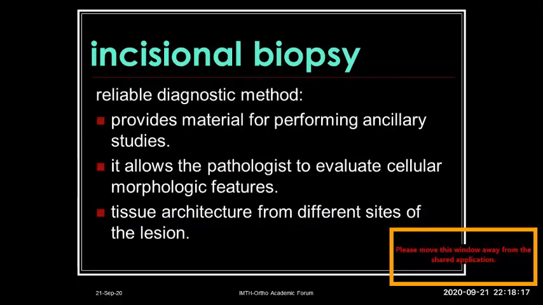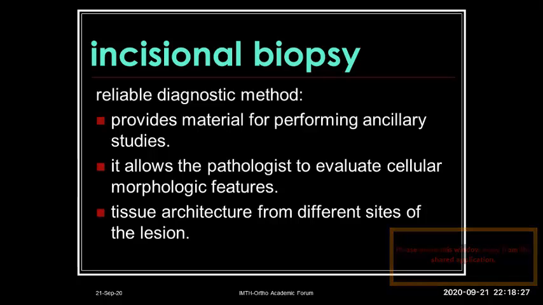So what about the incisional biopsy? Previously the pathologists considered it the gold standard because it gives an abundant tissue sample, and they relied on it for diagnosis. But nowadays they have more experience with core needle biopsies.